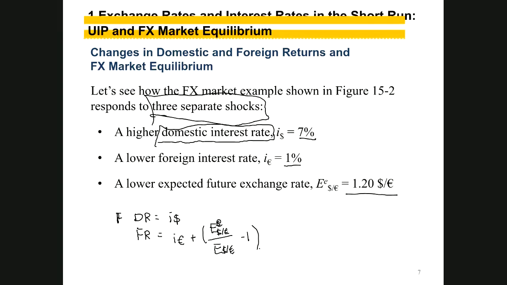Which line will shift? Yes, exactly. If the domestic rate changes, the domestic return line, which is the supply in the foreign exchange market, will move. The move will be easier to figure out, so let's hold on a little bit, but at least you identified which line moves.